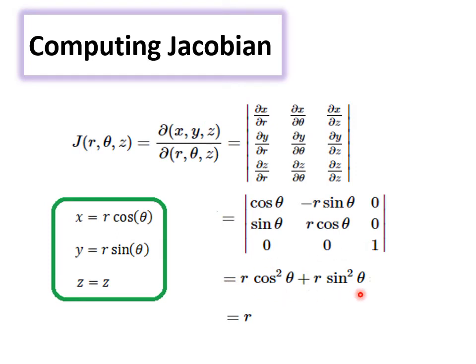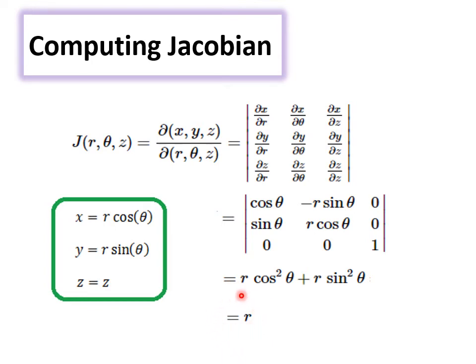If we expand the determinant, we will get the Jacobian as r. For polar coordinates also we got the Jacobian as r. Now for cylindrical coordinate system, the elemental volume dx, dy, dz is r times dr, d theta, dz.